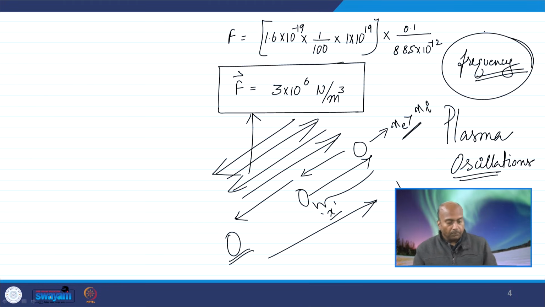In the absence of any damping, these oscillations go on forever, and in this process neutrality is maintained. So this oscillatory behavior of plasma leads to the idea of plasma frequency or plasma oscillations.